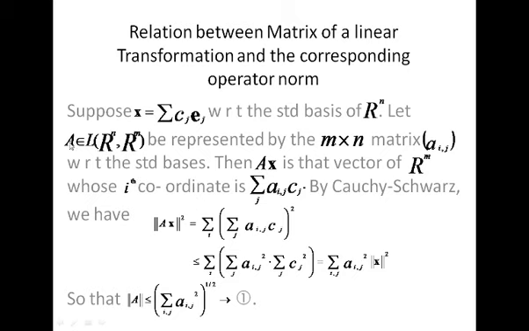Now I want to estimate the operator norm of A in terms of the matrix of A. So we start with the vector Ax, where x is equal to sigma Cj Ej in Rn. Look at norm square. So what is norm square of a vector? Summation over the square of the coordinates. That is the norm square.